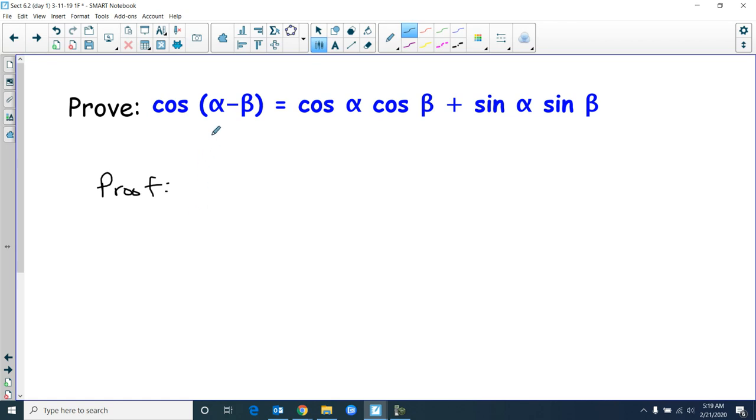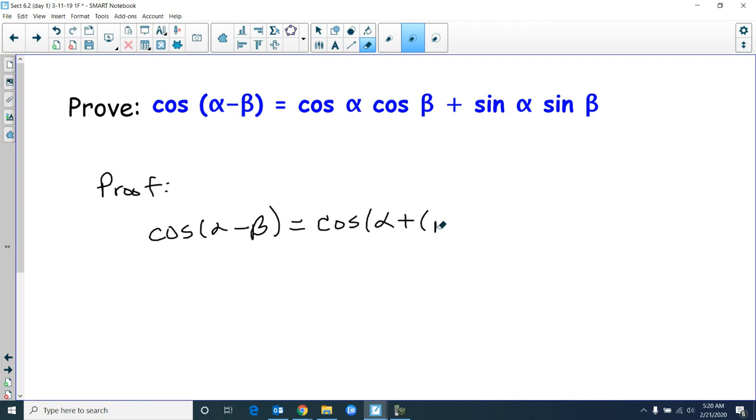We are going to start with cosine of alpha minus beta. What we're going to do is rewrite alpha minus beta in terms of a plus sign. So I'm just going to rewrite that as cosine of alpha plus negative beta.